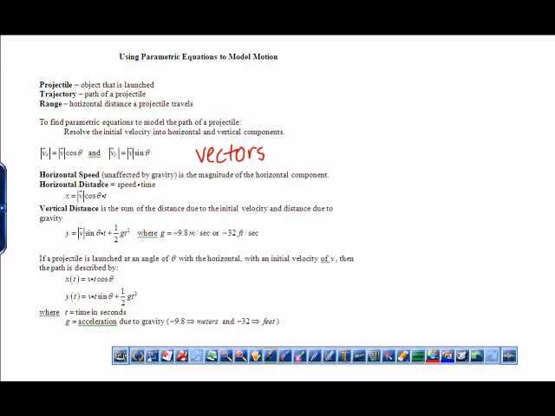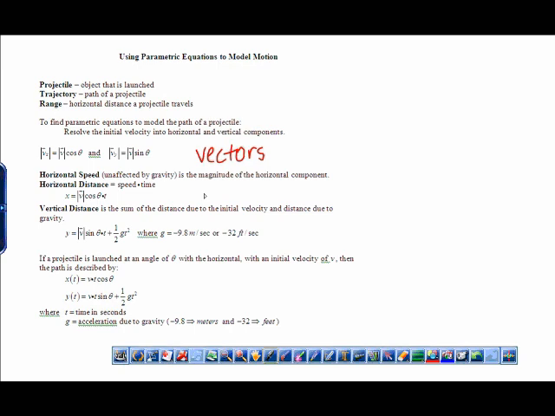Now, the horizontal speed, which is unaffected by gravity, we need to make sure we understand this. This is the magnitude of the horizontal component, like wind. But most of the time in these types of problems, it is not going to be wind. It's going to be the initial speed from which the object is launched or thrown or hit or shot or whatever.